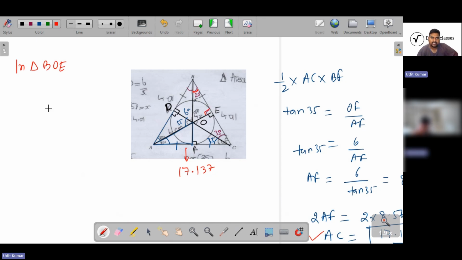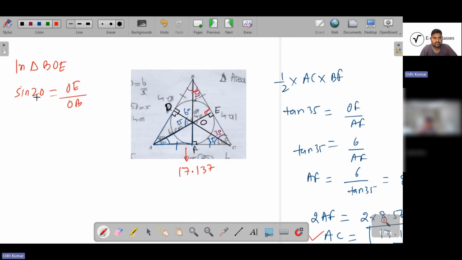So sine 20 will be opposite by hypotenuse. Yes or no? Sine 20 is going to be opposite, which is OE, and hypotenuse is OB, right?